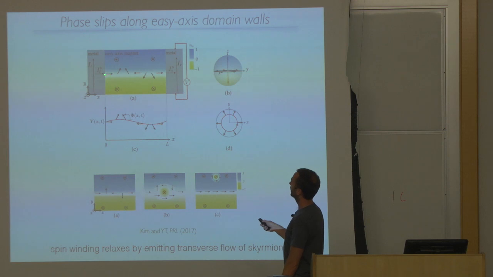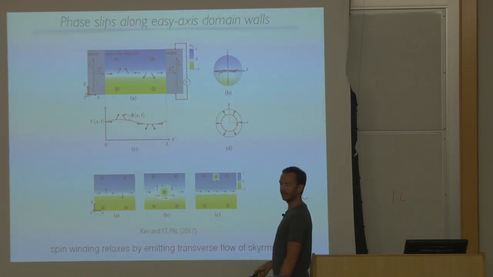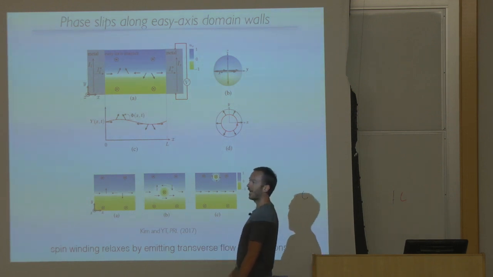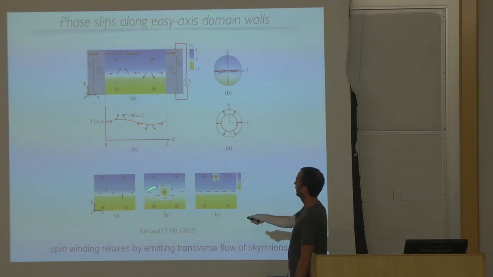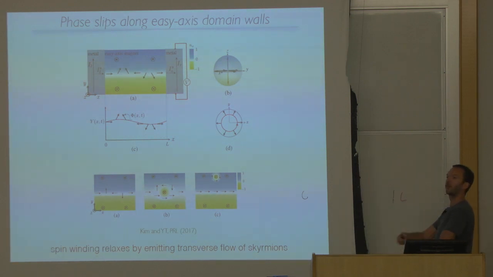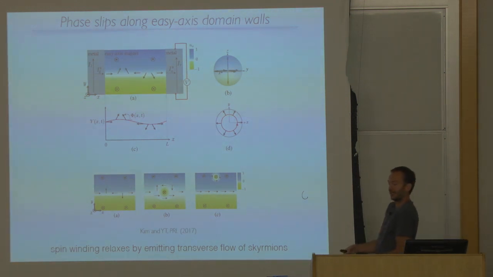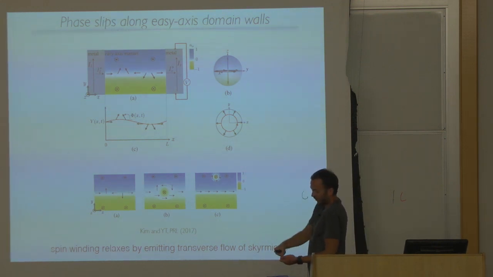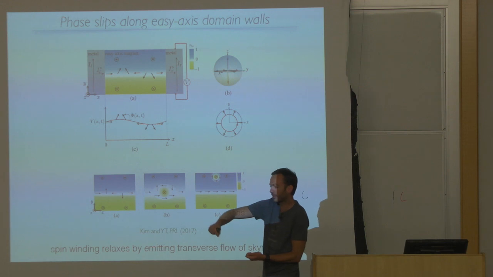However, that is assuming that this object is one-dimensional and doesn't cross on itself. The moment you allow some kind of loop to be formed and this guy to cross on itself, that opens a channel for the phase slip, because to define some net winding, you have to go along some one-dimensional contour.